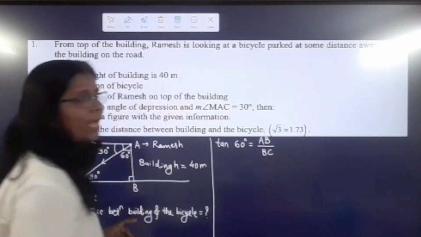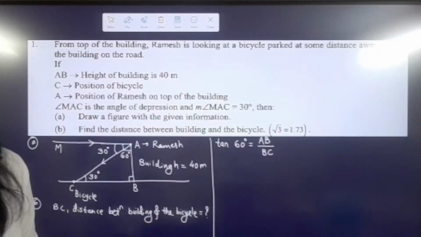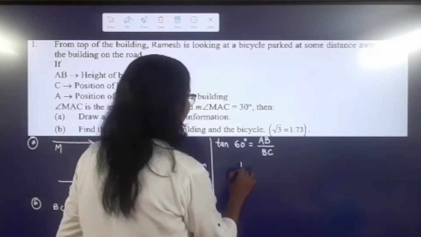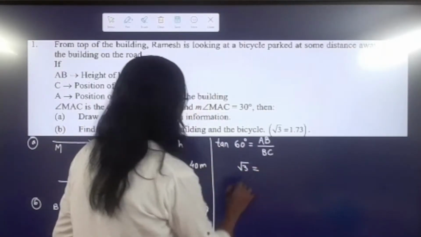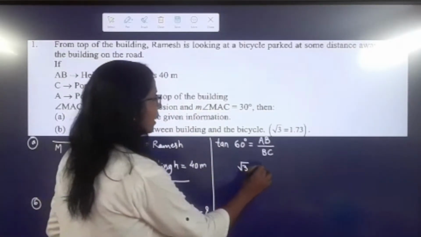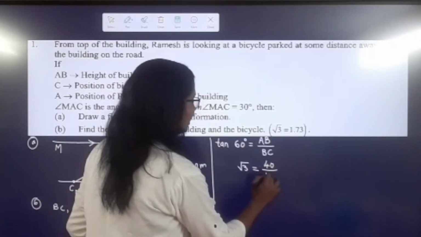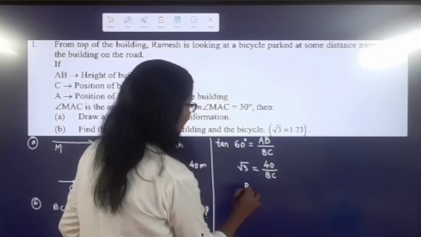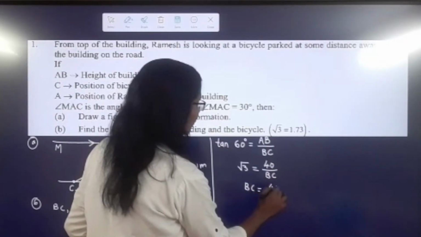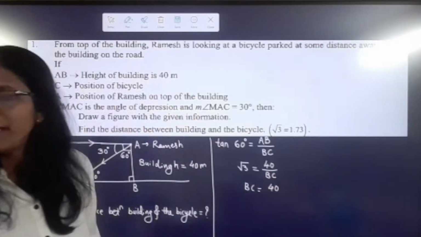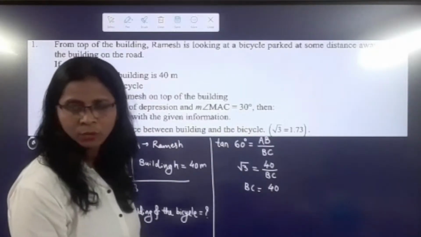Okay, students, and we know that tan 60 is equal to root 3, and AB is 40, the height of the building. So here BC is equal to 40 divided by root 3. Okay, students.